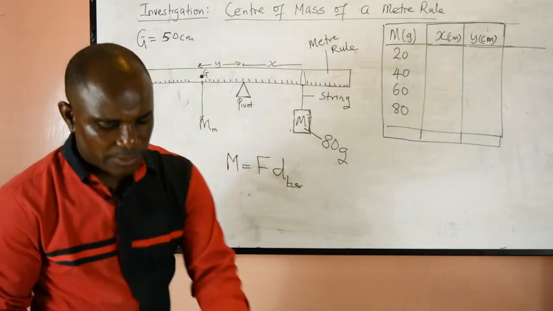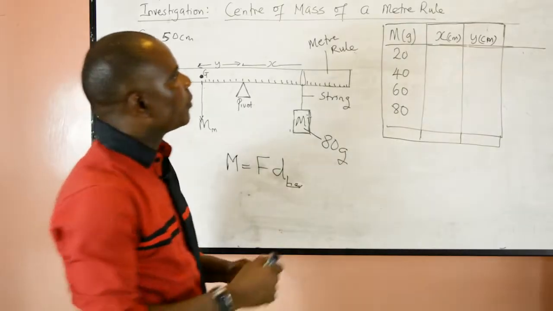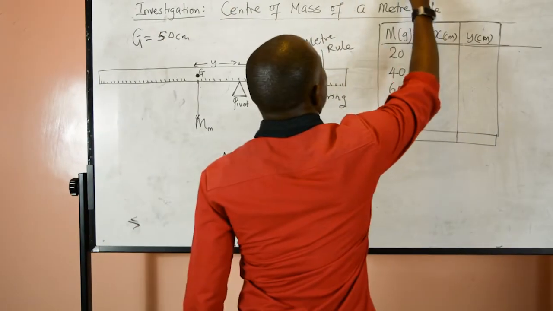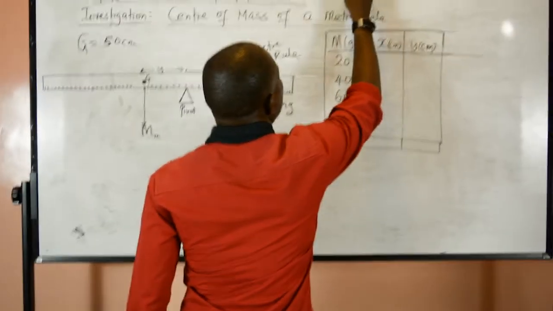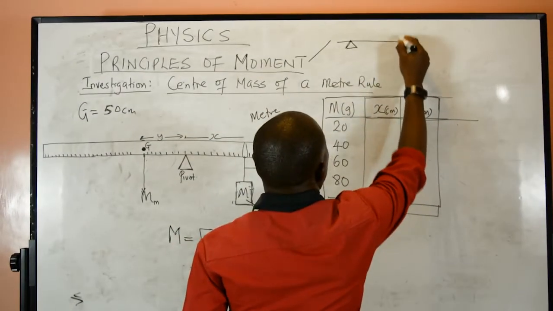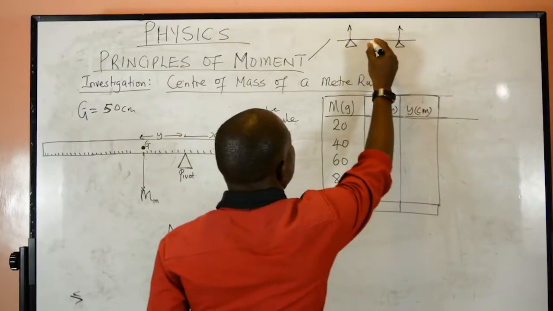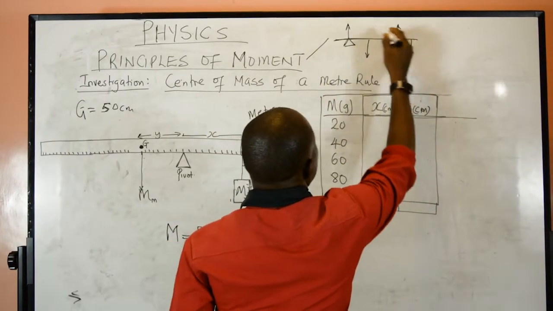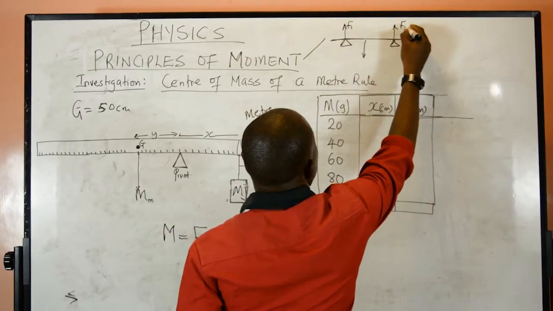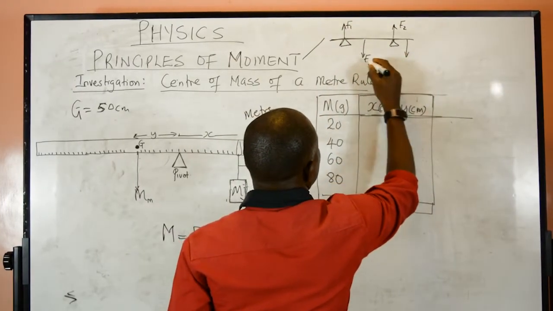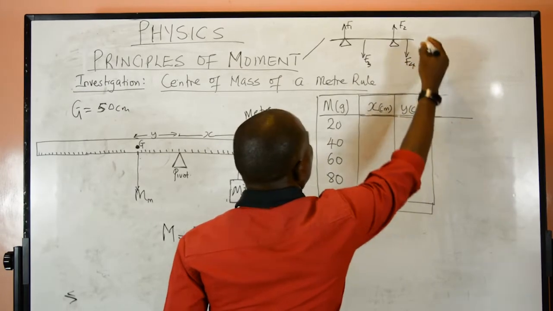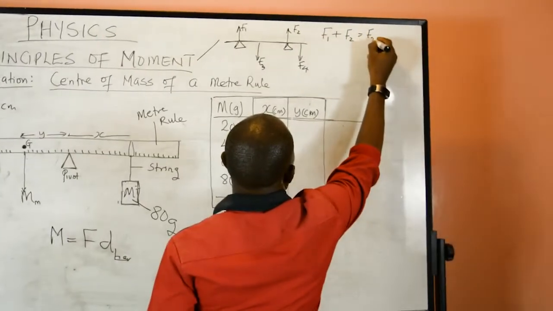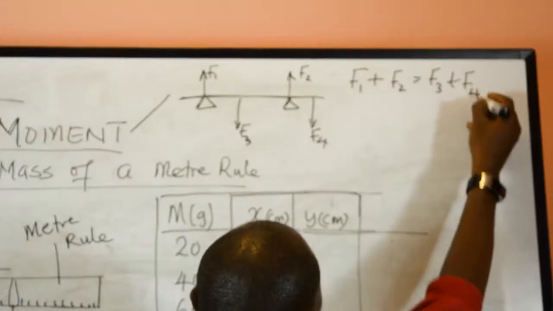But remember the concept here. Before I proceed, I first of all want to look at the principles of movement. The first, we said, for vertical equilibrium to be maintained, the sum of upward forces must balance the sum of downward forces.